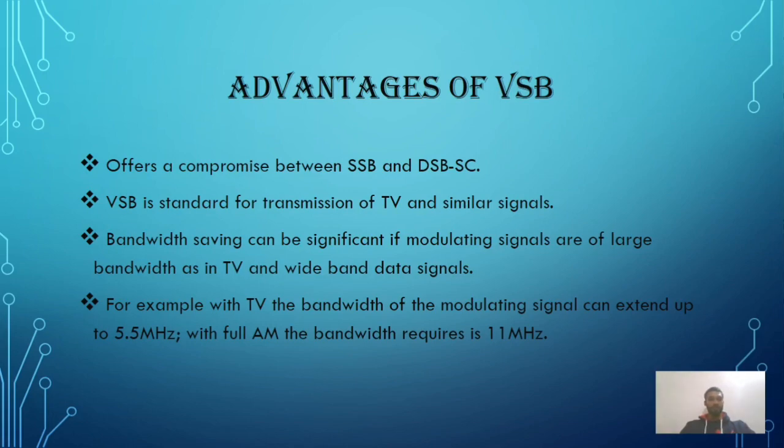For example, with TV, the bandwidth of the modulating signal can extend up to 5.5 MHz. With full AM, the bandwidth required is 11 MHz.